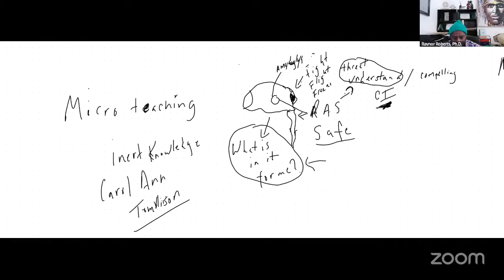So one of the things that we have to do, as educators, is acknowledge this. We have to acknowledge what's going on in the brain. And that's why I say all the time to people, you can't be a teacher.